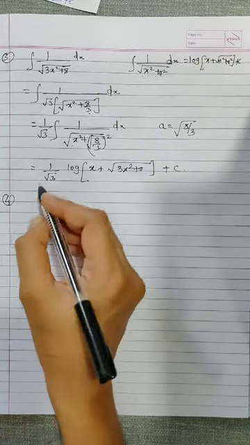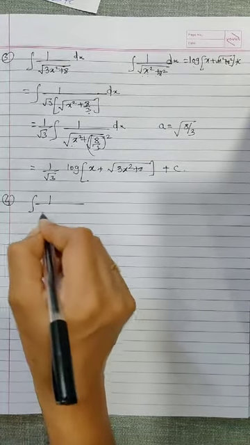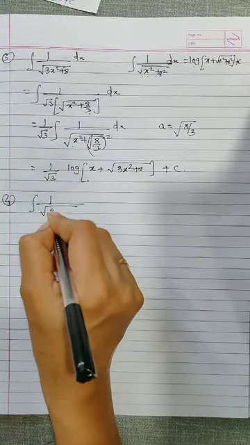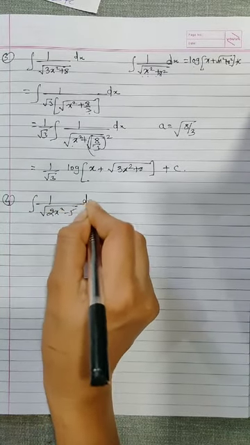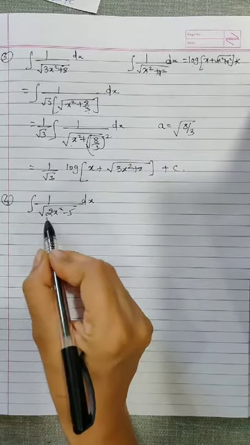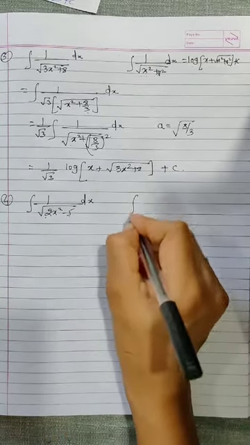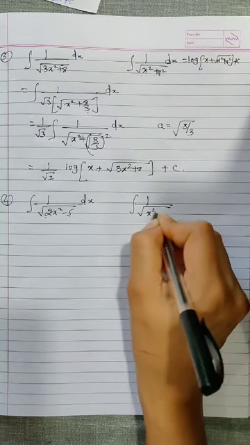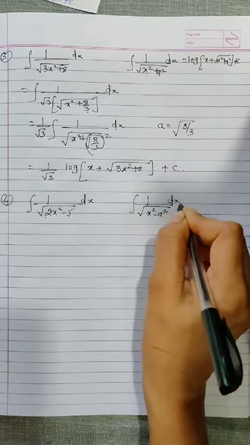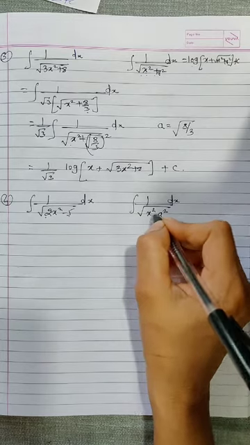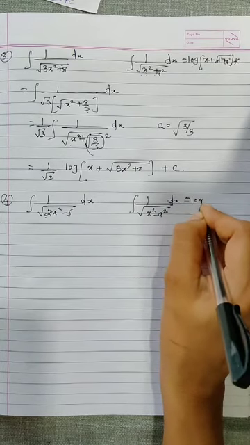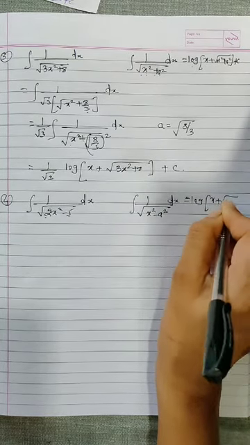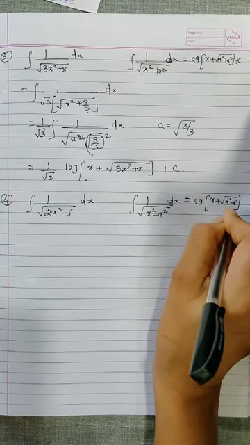Now example number 4. 1 upon under root 2x square minus 5 dx. Under root 2x square minus 5 dx means integration 1 upon under root x square minus a square dx. So that is log of x plus under root x square minus a square.